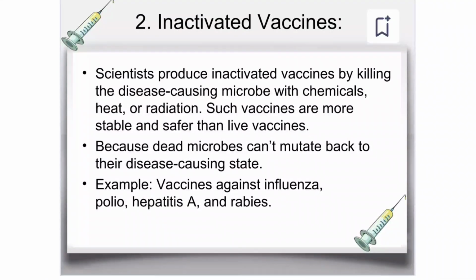Next we will move on to inactivated vaccines or killed vaccines. Here the disease producing organism is destroyed by chemicals, heat or radiation. These vaccines are safer because they will not produce disease, only antibodies. Examples: influenza, polio killed vaccine. Oral polio vaccine is live attenuated.